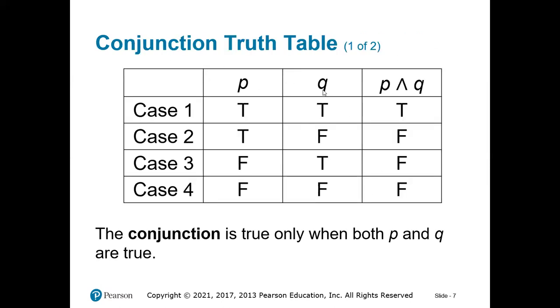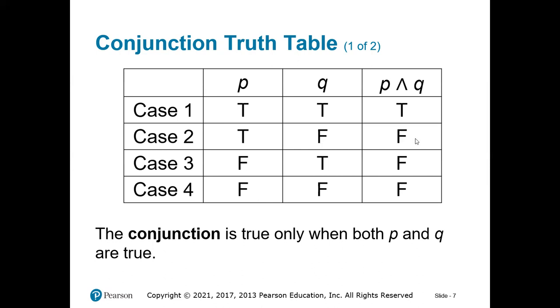How about the conjunction? If you have 2 statements P and Q, they are either both true, the first one is true and the second one is false, the first one is false and the second one is true, or both false. You take any 2 statements, you're always going to have one of these 4 cases. Usually we don't label them case 1, case 2, case 3. Now, true and true is true.